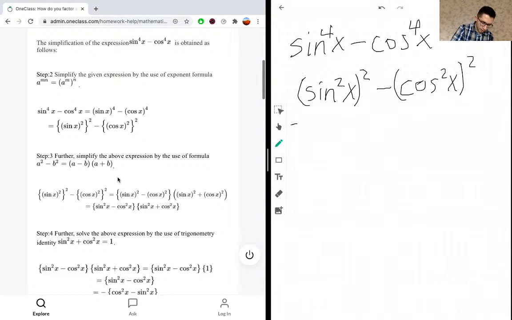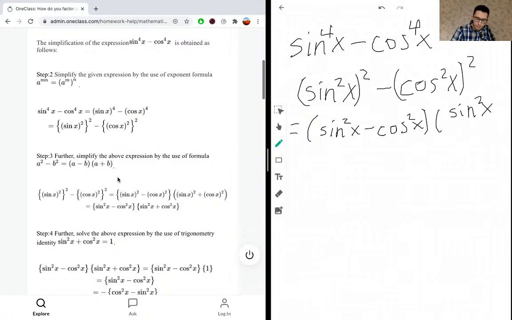Moving on, we would get sine squared x minus cos squared x, times sine squared x plus cos squared x.